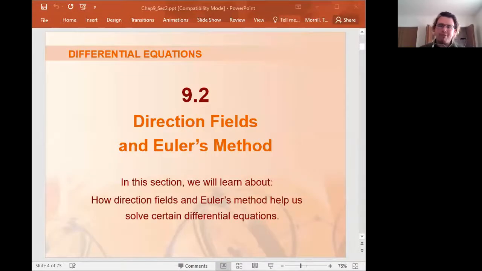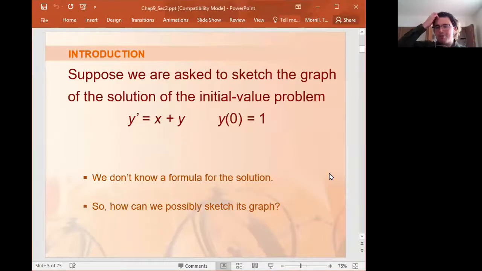So we have a little bit of unfinished business when it comes to differential equations. This is more of a conceptual idea. We didn't have enough time to talk about it before the exam. So suppose we have some differential equation of the form y prime equals a function of x and y.